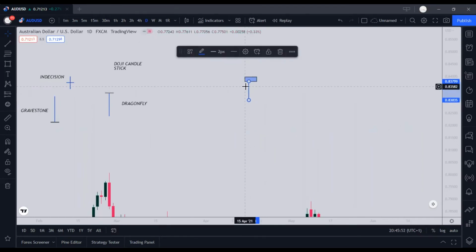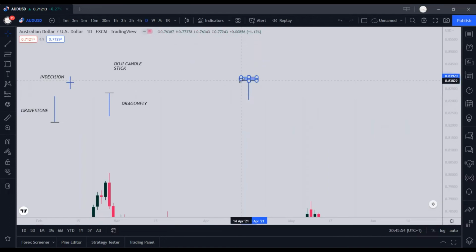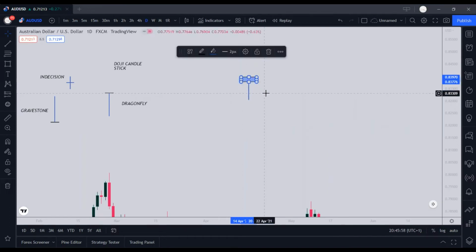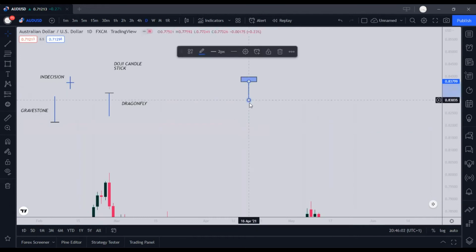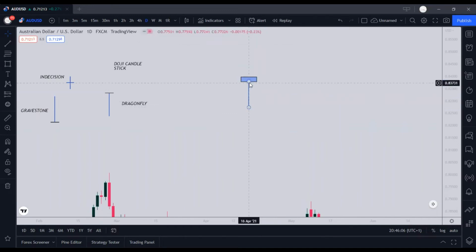Let's see more. This is called a hammer or pin bar. The body could be more than this. It should be like this. So it's called a hammer.